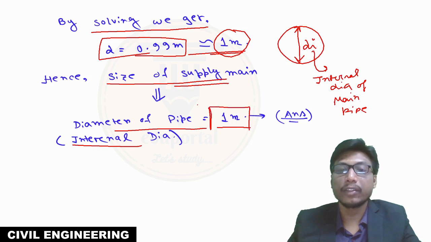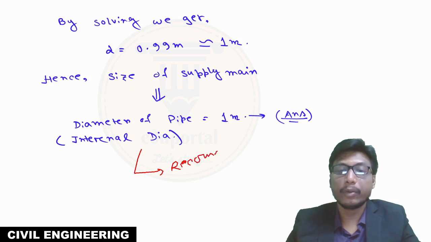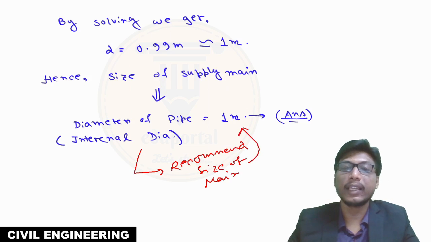This is the solution of the question. The question asked us to recommend the size of main, so the internal diameter of the main pipe should be 1 meter.